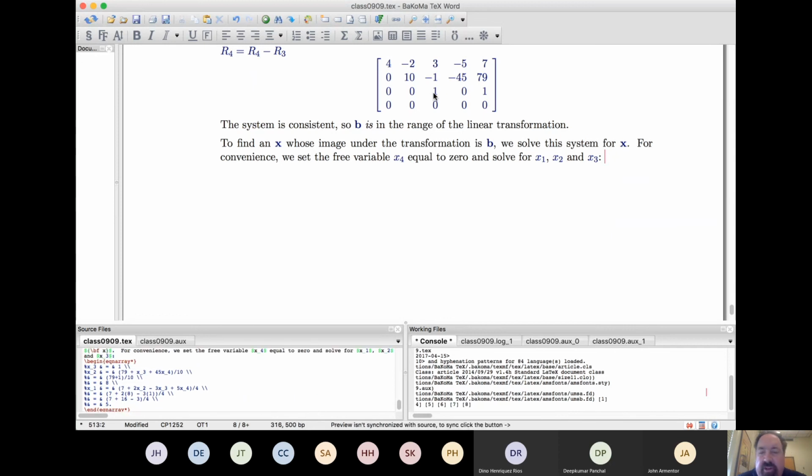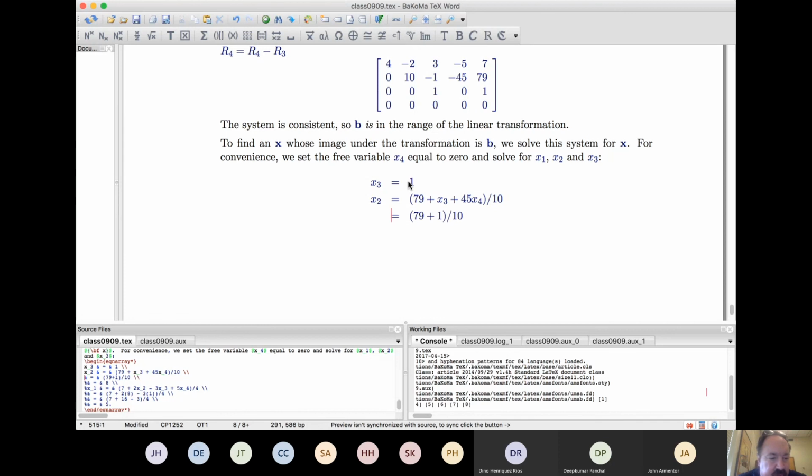So we're going to solve for x3, which is just equal to 1. And then we can go ahead and solve for x2: take the right-hand side value, throw these terms on the other side, so negate the coefficients, and divide by 10 because of this coefficient of 10 here. We just substitute in our values, x3 is 1 and x4 is 0.